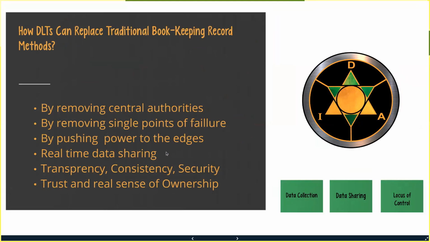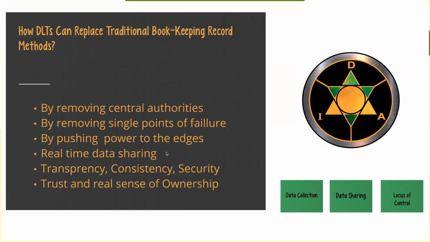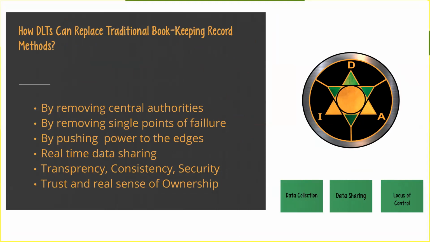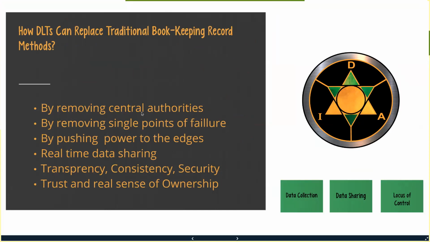What DLTs will do is intervene in many aspects. They will for sure remove central authorities if they are used appropriately. They can help us remove the single point of failure that we observe in traditional bookkeeping record methods. They can push power to the edge.